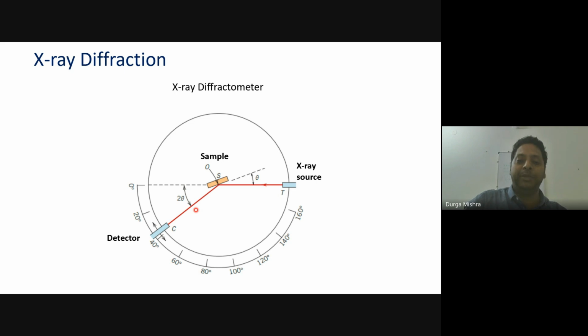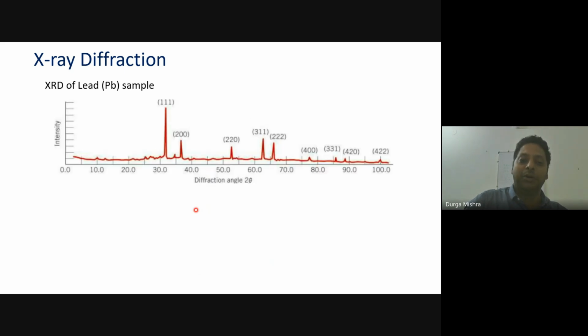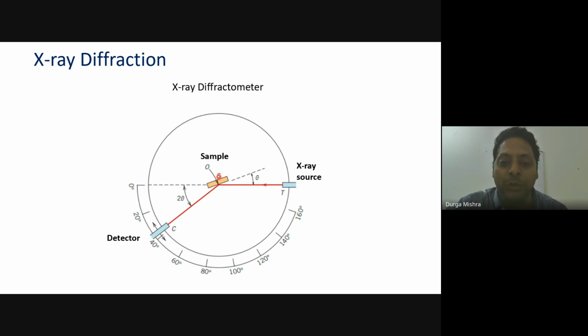So in an experiment, there are different ways. One of the ways is you fix the source and scan your sample to change the angle theta. If you do that, you have to move the detector to 2 theta, so that you know your Bragg's condition is satisfied.